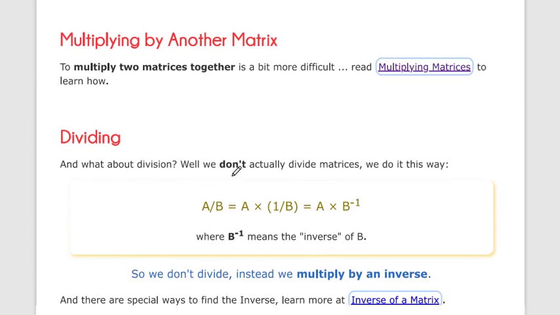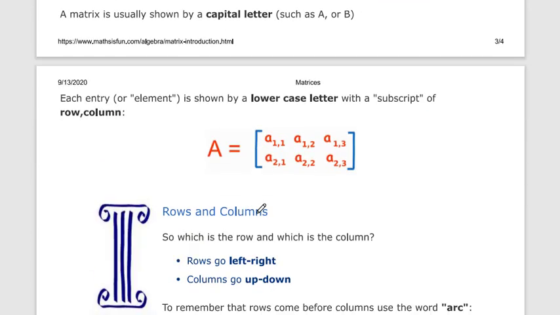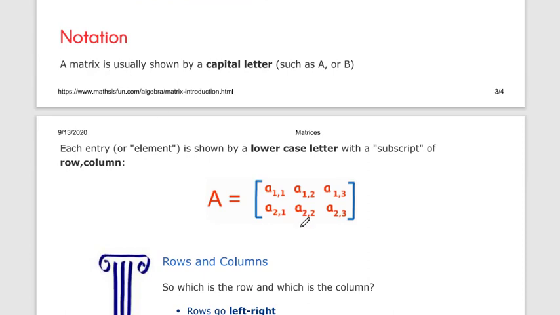Transpose: transfer row into column or column into row. Also notation like this: first we have to write row number and then column number. This is first row, first column, this is first row and second column, so A12. So like this, first we have to write row and then column.